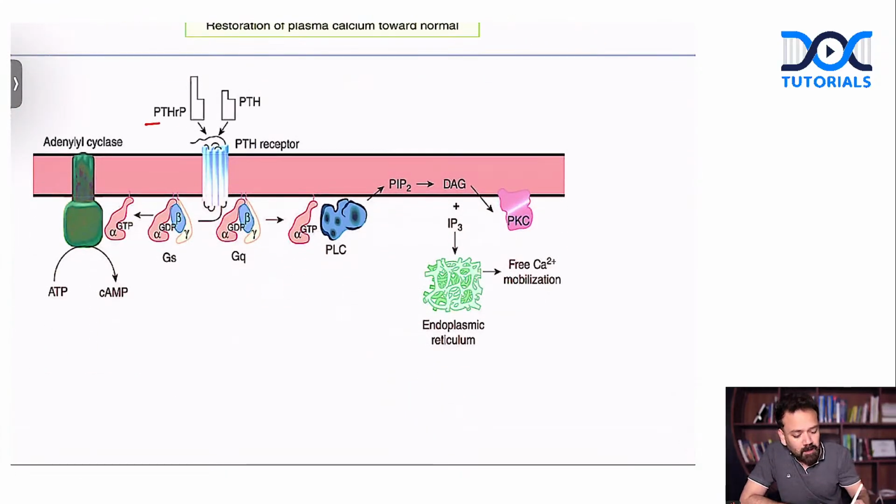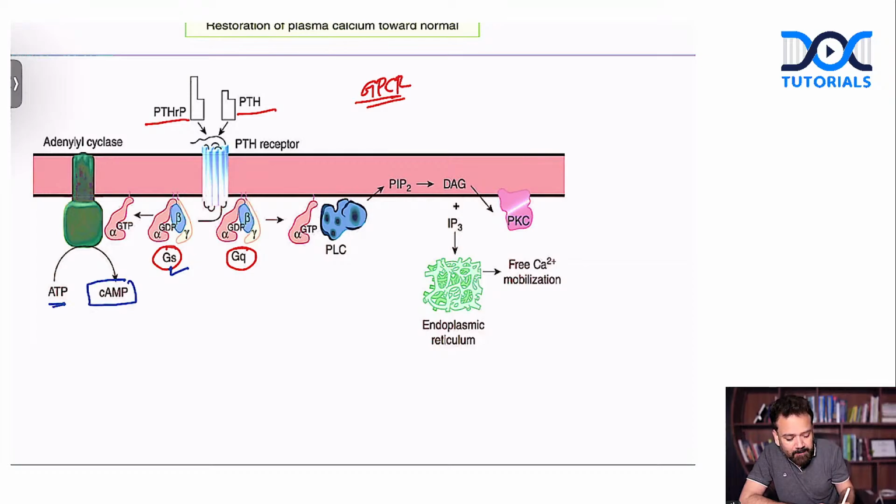And last, not the least, the receptors of parathormone are G protein coupled receptors. They are mainly G protein coupled receptors. They can be Gs, they can be Gq. So whenever parathormone acts on various organs and tissues, it will act on either Gs or Gq. When they act on Gs, the secondary messenger is cyclic AMP.